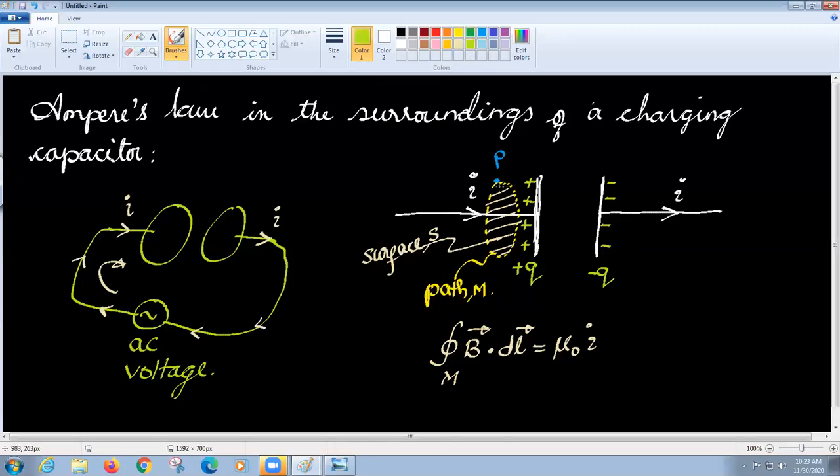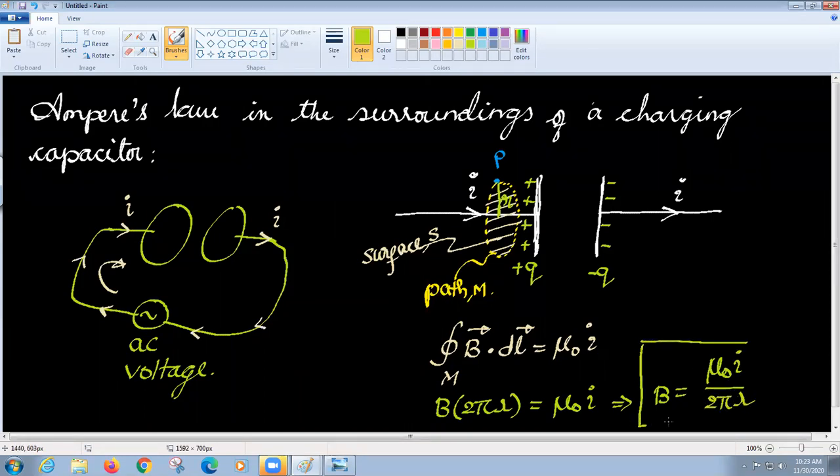Say point P is at a distance of r from the conductor. So B times 2 pi r is mu naught I, so B is equal to mu naught I over 2 pi r. What's new in this? There is nothing new; we are revisiting the very old known equation. So B is equal to this, and we designate it as equation number 1.